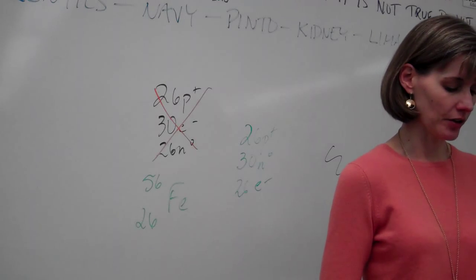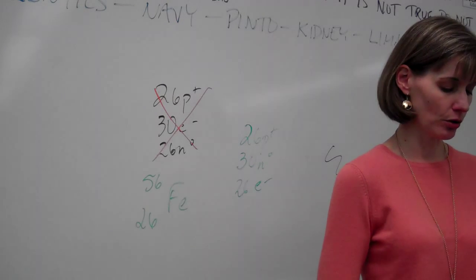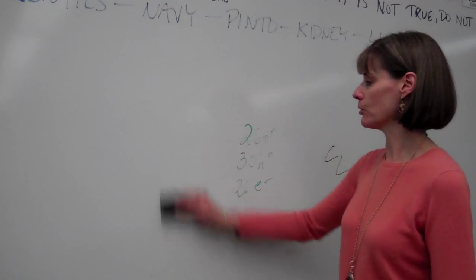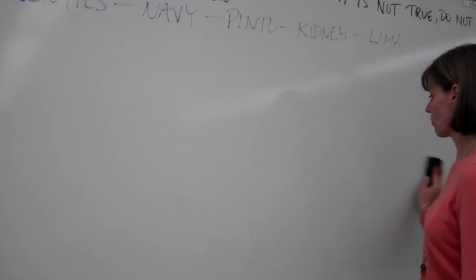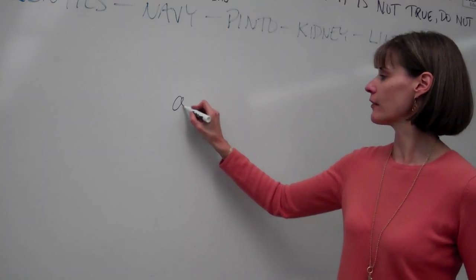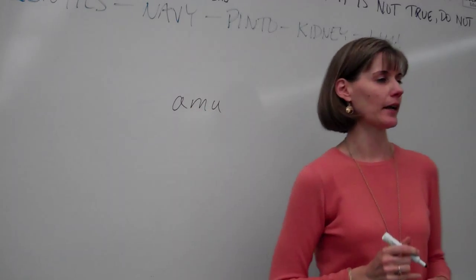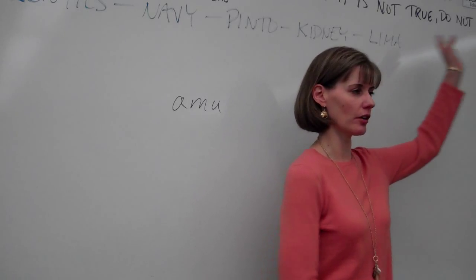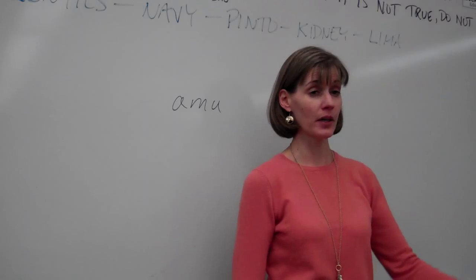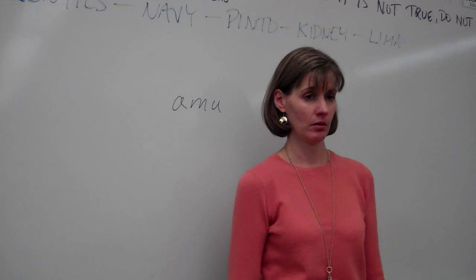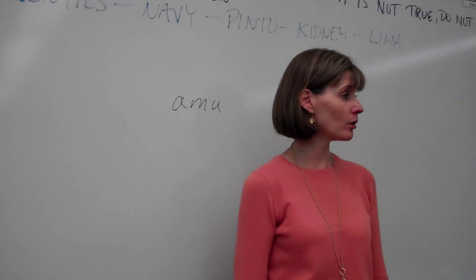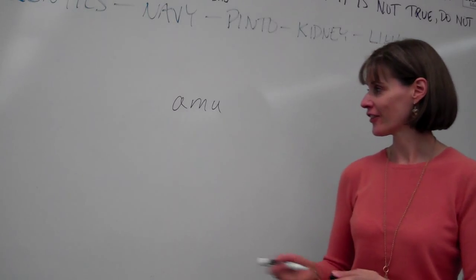17, define atomic mass unit. Yes, it's called AMU. And what is it based on? Atomic mass unit is based on our reference atom. What is our reference atom for all the masses on the periodic table? Used to be hydrogen years ago. What is it now? Carbon. Carbon 12.